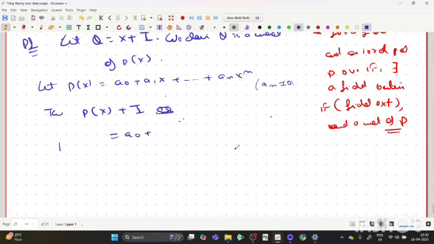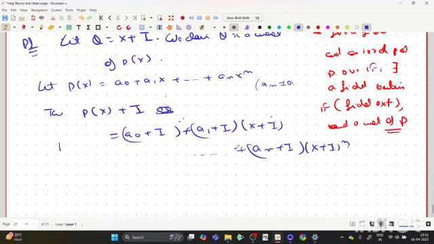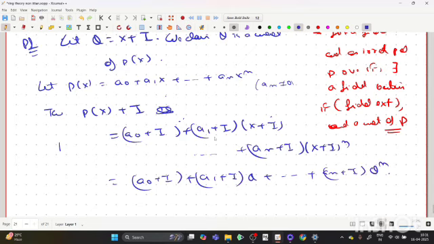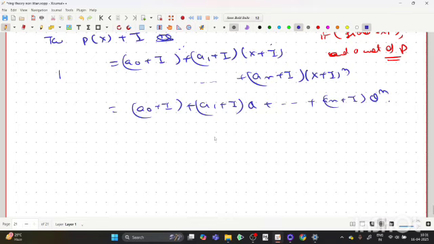So this is of the form (a0 plus I) plus (a1 plus I) times (x plus I), and so forth, till (an plus I) times (x plus I) to the power n. So this is basically (a0 plus I) plus (a1 plus I) times theta, and so on and so forth, till (an plus I) times theta to the power n.